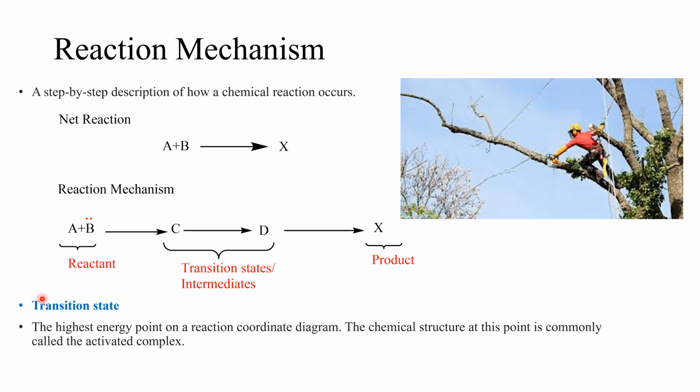You can say this is the itinerary of any of your trips: if you want to fly from London to Paris, or from Lahore to Islamabad, how you are moving and how you are going to that location. That exact pathway and all the details are basically the mechanism of the reaction.